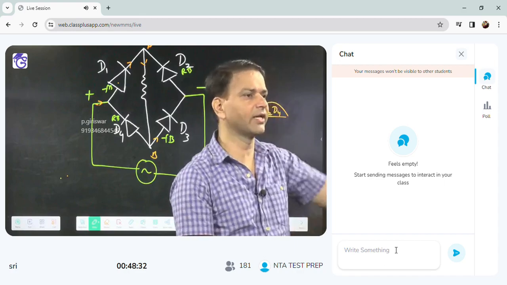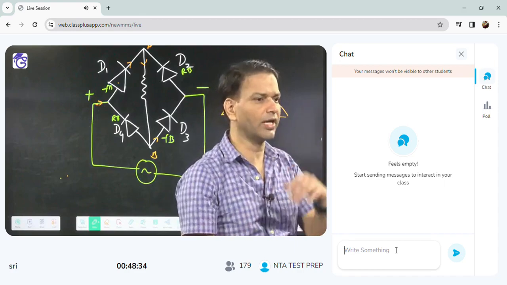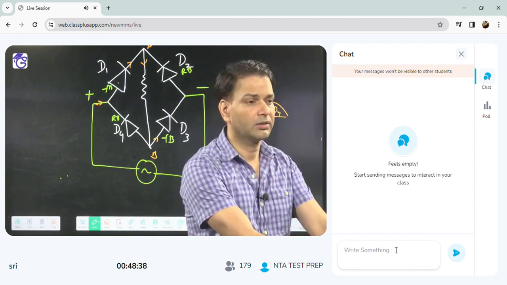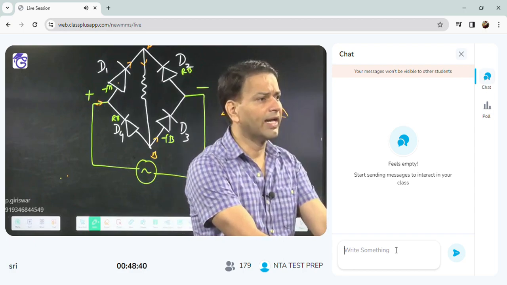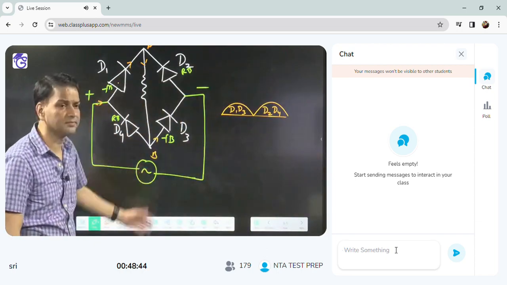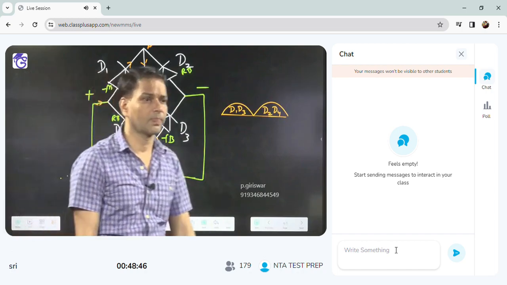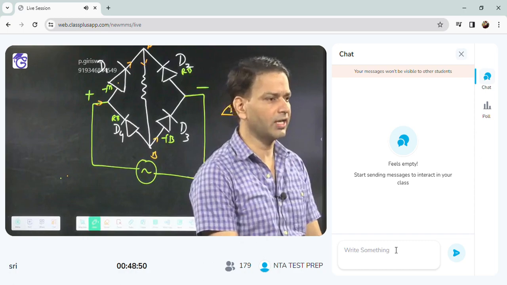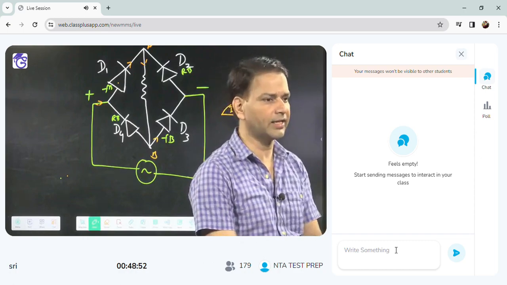That way, D1 and D3, then again D2 and D4, you will get the cycle. This is the AC source, an alternating source we have connected. The 3 remaining are the photodiode, solar cell, and the LED.